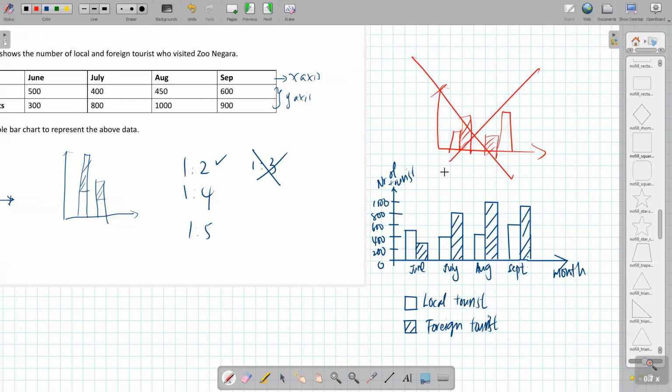Okay, so next, we look at another way of drawing the double bar chart. This is the first method. So now we look at the second method.